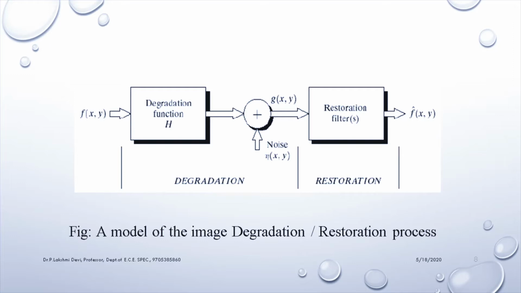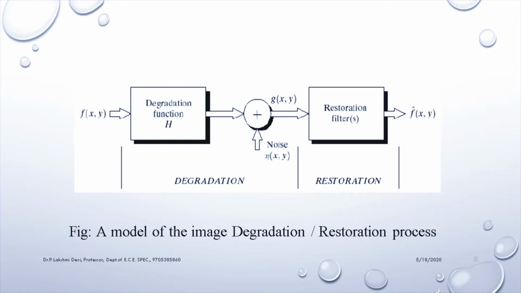The output of this restoration is an estimated, restored or reconstructed image from the degraded image g of xy. That's why we denote the output of the restoration filter as f cap of xy. F cap of xy may not be the same as f of xy. f of xy is the original input image, and f cap of xy is a restored image from the degraded image.